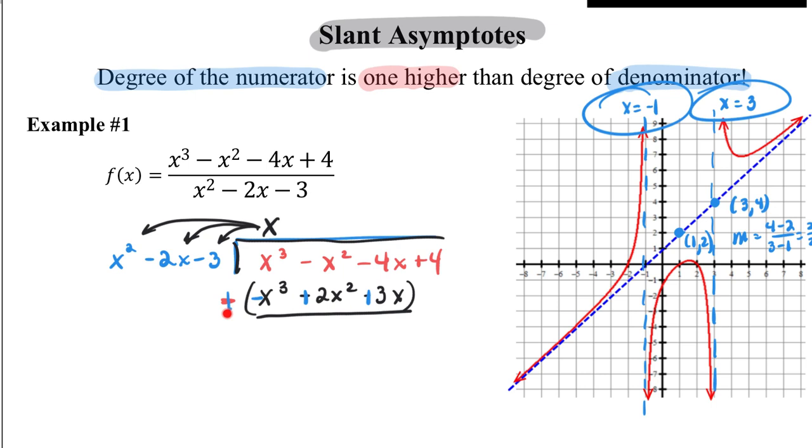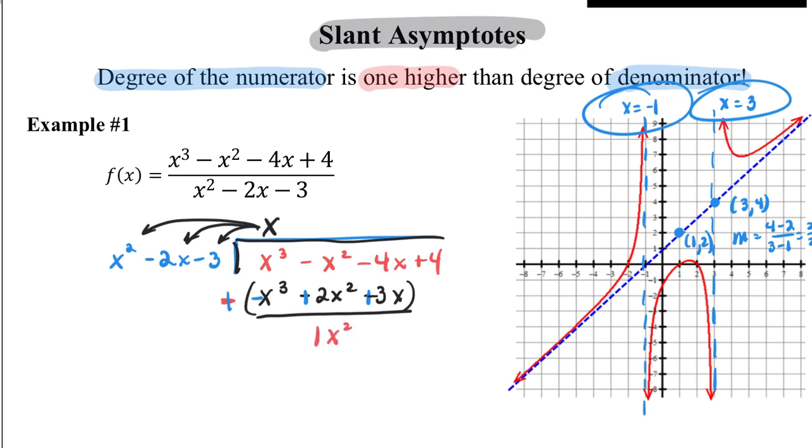By changing this to a positive, I've told myself, yep, you flipped the signs already, which is important when you're writing in pencil and you don't have colors that can tell you that you have flipped all your signs. So now that I have my signs flipped, I can just add these columns. So x cubed plus a -x cubed, those cancel out. That's what I want to happen. Here I've got -1 plus 2, so that is a 1x squared.